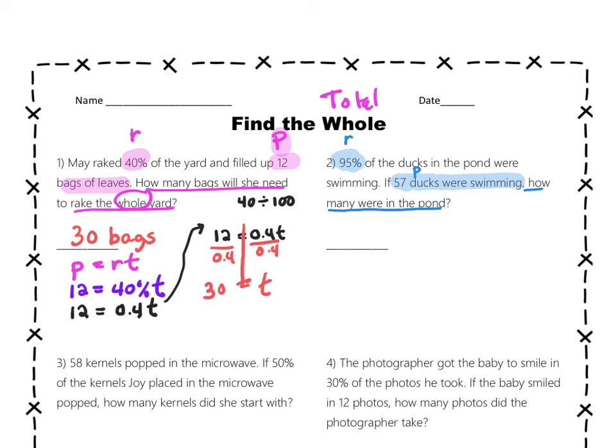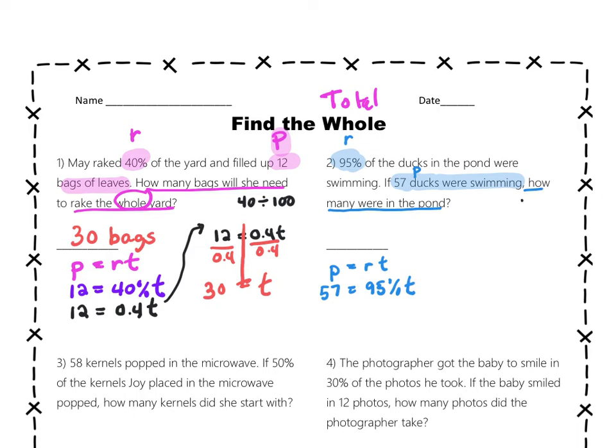Let's set up our P equals R times T, which means part equals percentage rate times total. We know that 57 ducks were swimming, and that's 95% of the total ducks. So this is what our equation should look like.